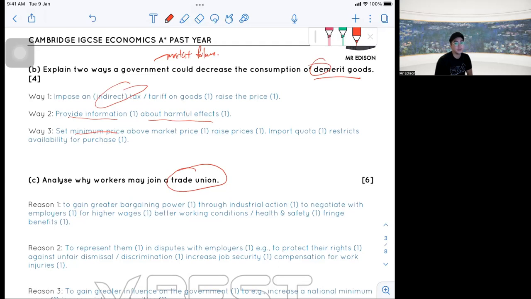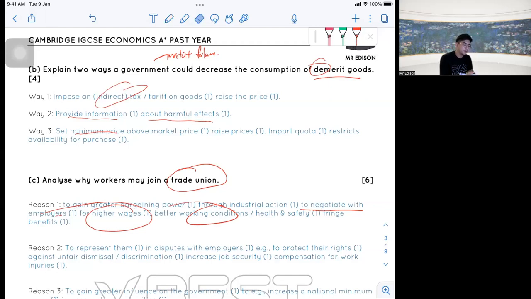Another one is protect you from anything like unfair dismissal, or harassment, anything. Okay, just protect the rights of the worker. So for this one is to gain greater bargaining power, to negotiate with the employer for higher salary. See that? Better working conditions, health and safety, fringe benefits.